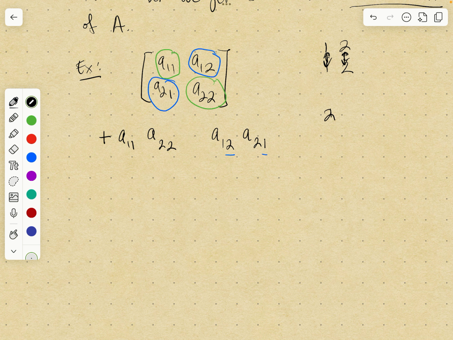When I look at 2, 1, the total number of inversions is 1, because if you look at the 2, the number after it is less than 2. And this 1 here is the last number, so there's no inversions caused by that, and so 1 plus 0 is 1, and you get an odd permutation, and so you put a minus sign. So you have a minus sign, and that's the determinant of this 2 by 2 matrix.